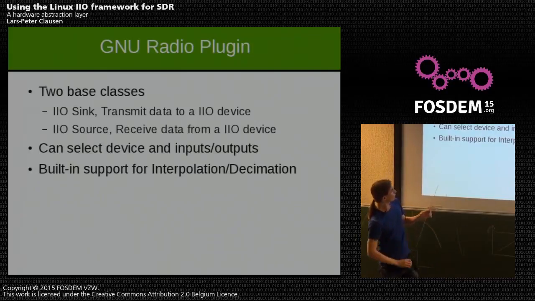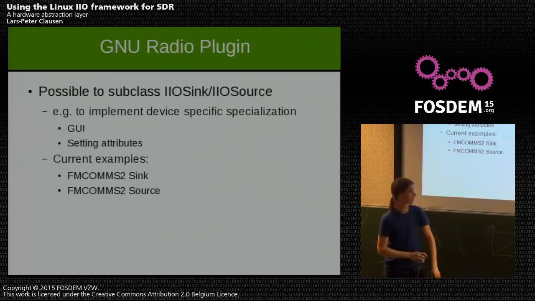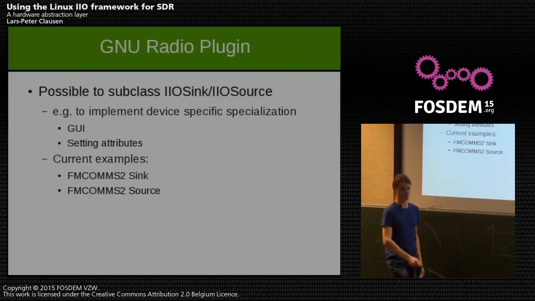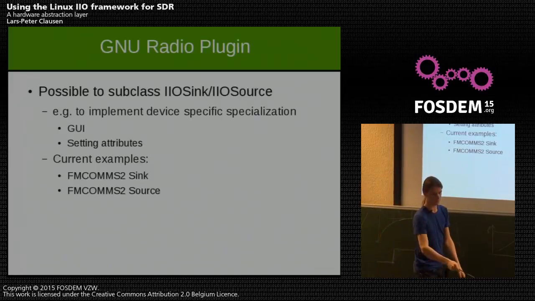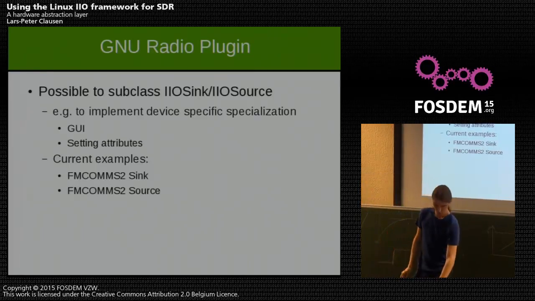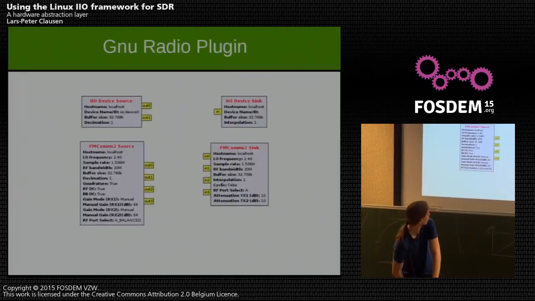And it's also possible to subclass these devices. And we have two examples of this specifically for this board, which allow you to expose some extra parameters. And there should have been a live demo, but we're pretty much out of time.